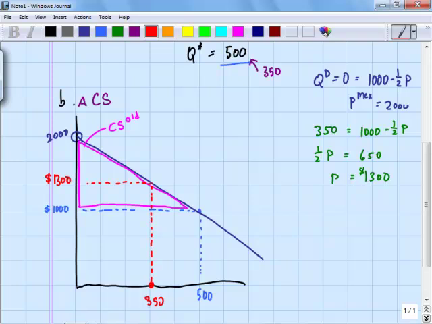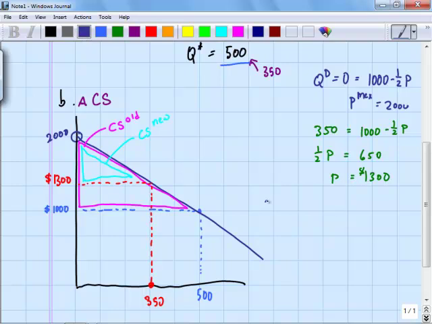So if this cap is put in place, consumer surplus will go from the pink triangle to the turquoise triangle. Sorry, I know the colors are bad. CS new. So all we have to do is figure out the area of those two triangles, subtract them, and that'll tell us how much consumer surplus was lost.